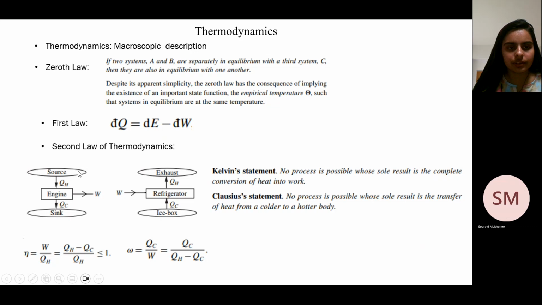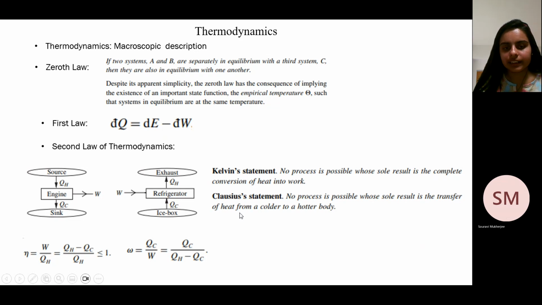Then we looked into the second law of thermodynamics, which tells us that no process is possible where the sole result is the complete conversion of heat into work. If you take QH amount of heat from the source, some amount of it will be converted to work, but some of it would still remain as heat, and that would be sent to the sink. So you cannot have complete conversion from heat to work.